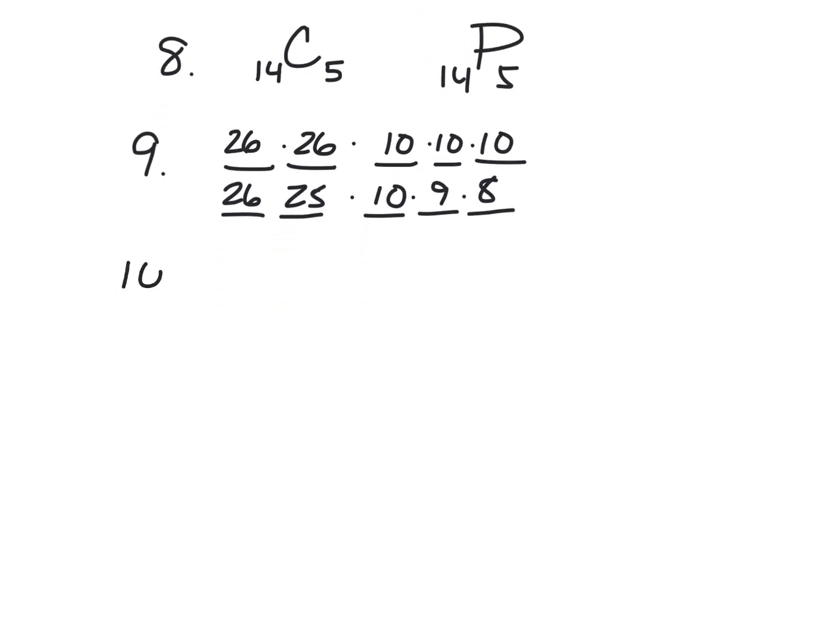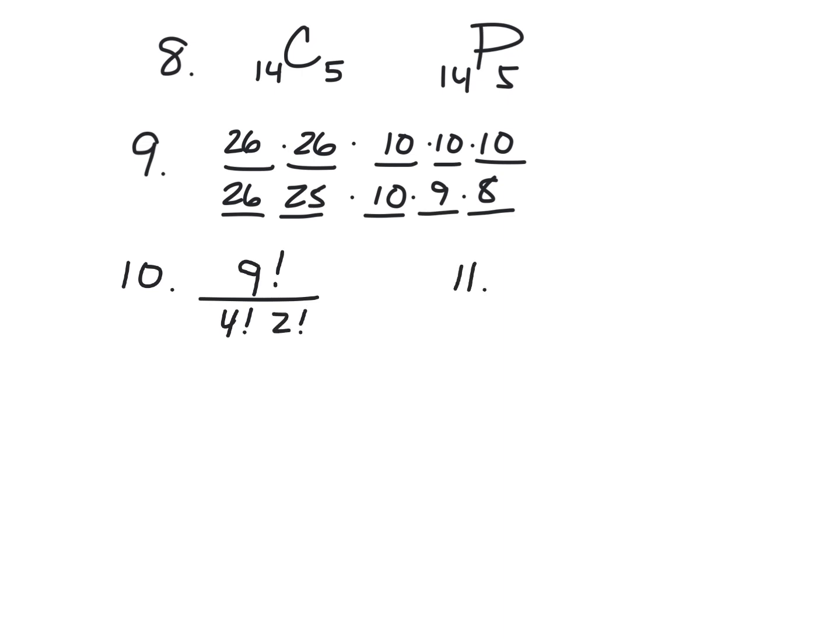On the back, we've got permutations of the word Sleepy Eye. Order is important, obviously. It's a permutation. There are repeats, so number 10 would be 9 factorial because there's 9 letters. We're going to divide by 4 factorial. There's 4 E's, and 2 factorial because there's 2 Y's.